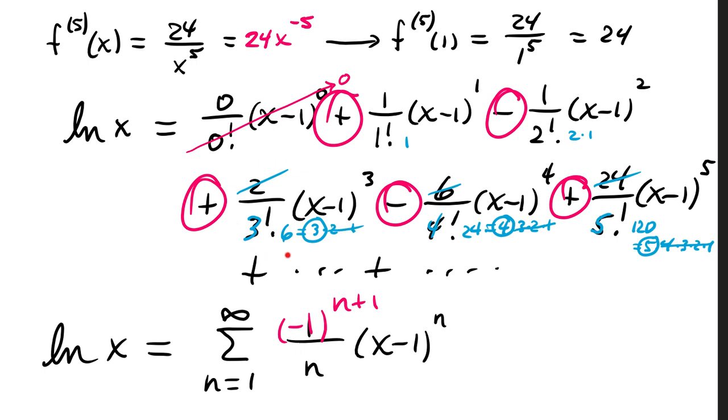So our fraction out front is a sign alternator over increasing values of n, beginning with 1, x minus 1 to the power of n. So your denominator and your power always match. We just have to remember to alternate the sign, but we have to game it with an n plus 1.